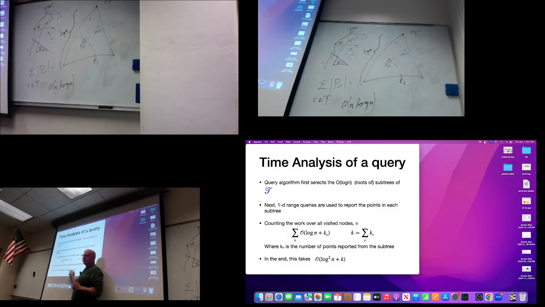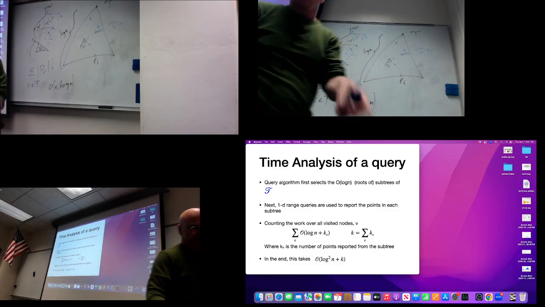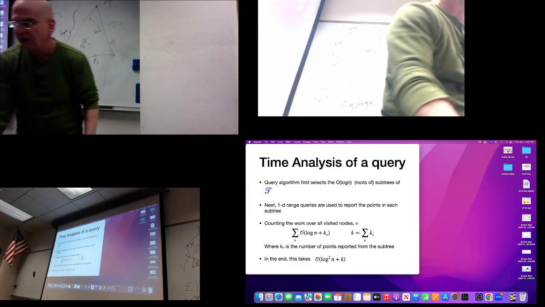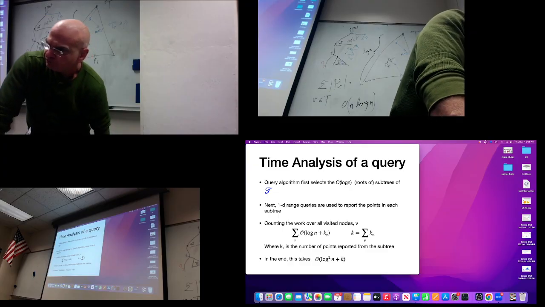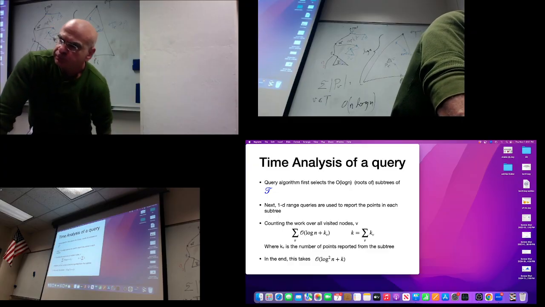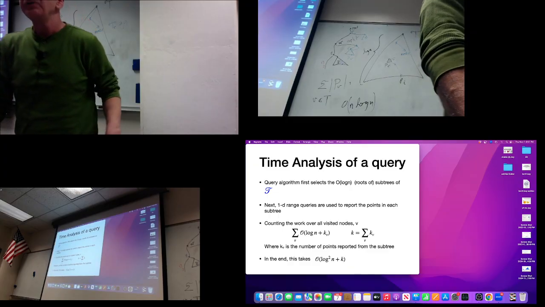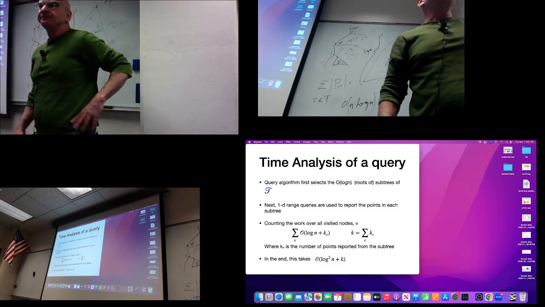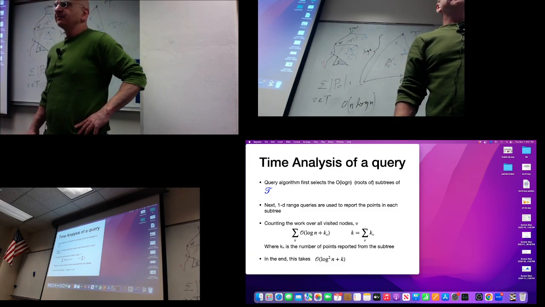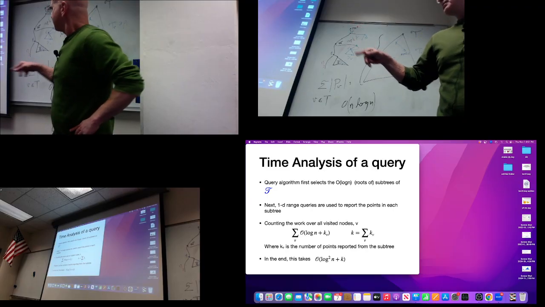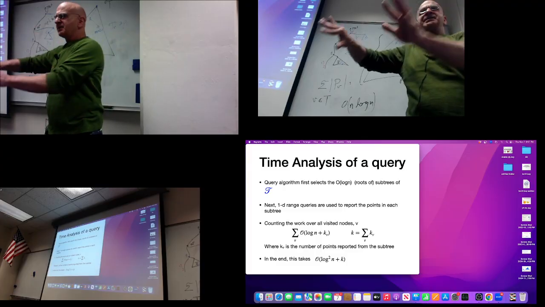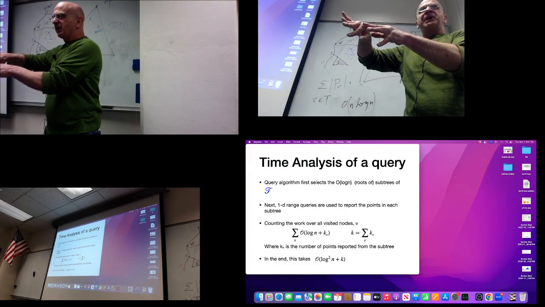If I just want to count points, to know how many points I have in a query rectangle, how much time? I don't want to know who these points are, just the number. Log squared n. Same trick with the counters, but the counters sit on the trees on the second level, the trees sorted by y.